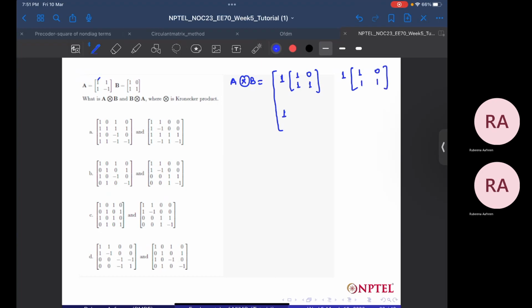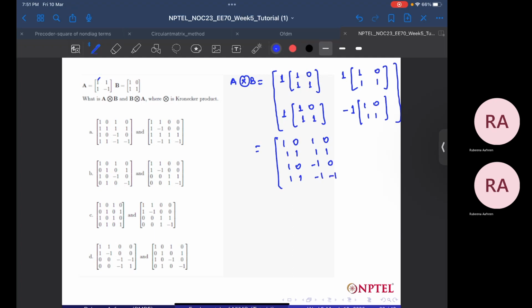Then we come to the next row, and then the last term times 1 0 1 1. Now the matrix it is giving is 1 0 1 1 only, then again 1 0 1 1, here also 1 0 1 1, and this will be negated: minus 1 0 minus 1 minus 1. So I guess only A and B are matching, right?